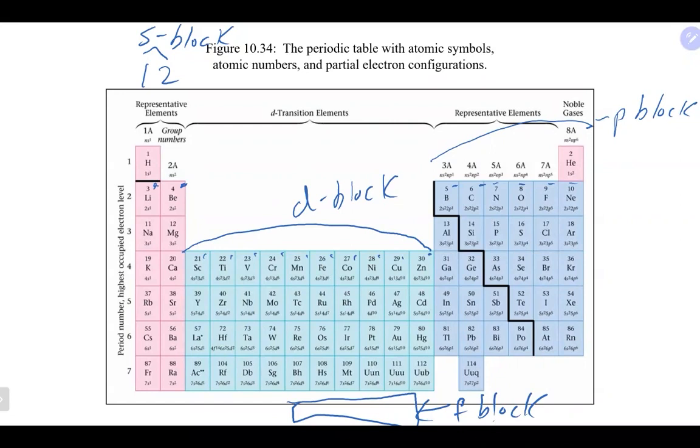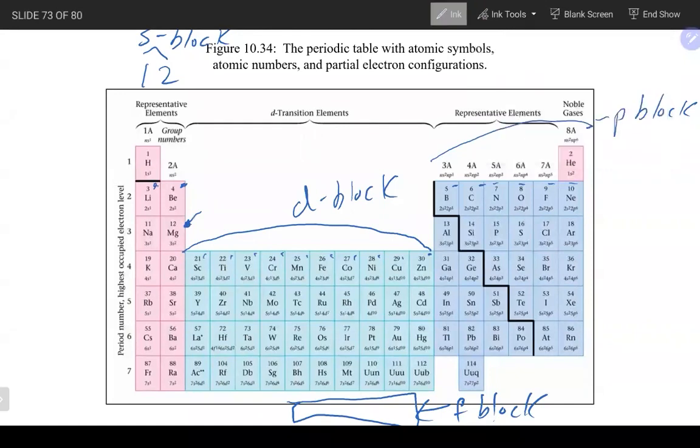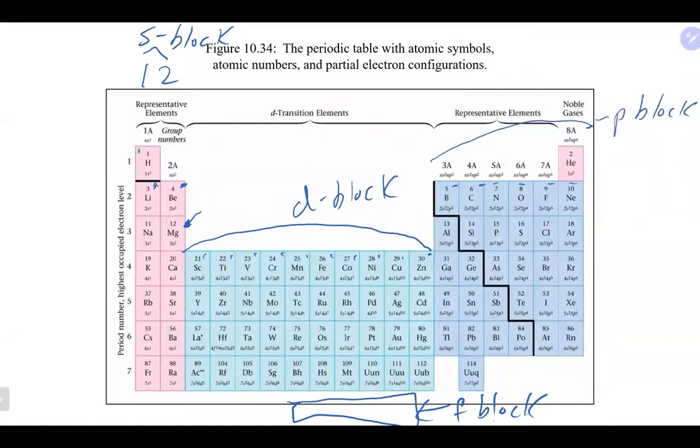The period numbers that we see on the periodic table are like our n equals 1, n equals 2, n equals 3. So for example, if we were doing magnesium, which we did previously, we would start up here. At hydrogen it would be 1s1, to helium, which would be 1s2.